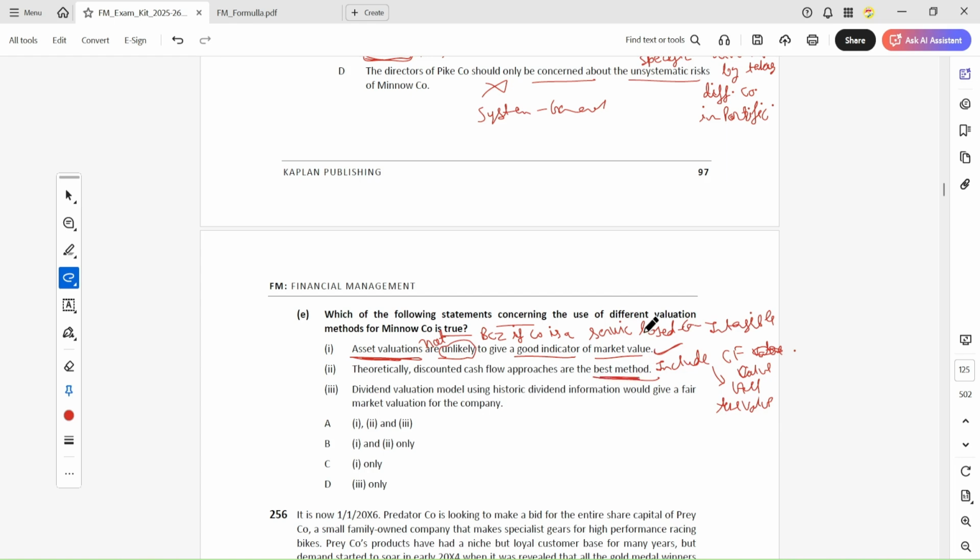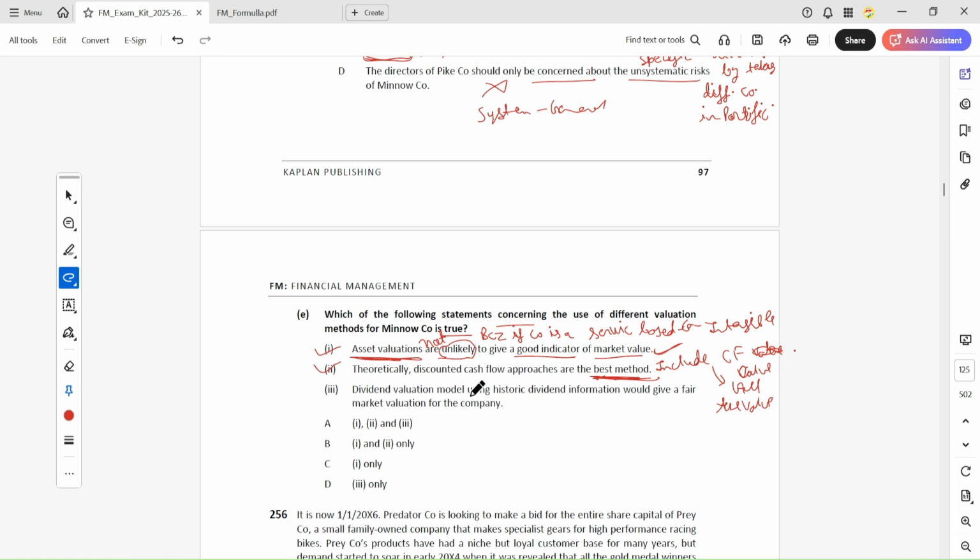It is a good method, and it is superior to other methods. So this is the best method.